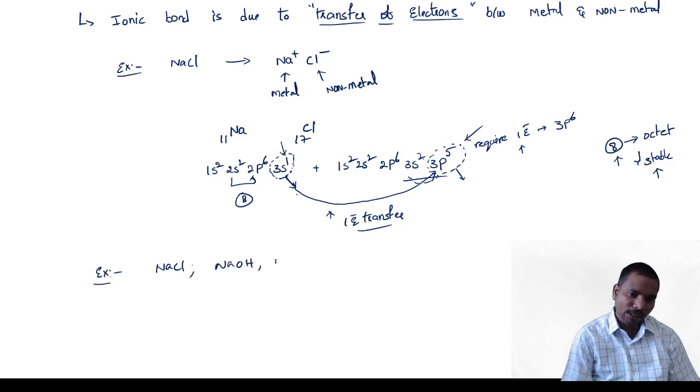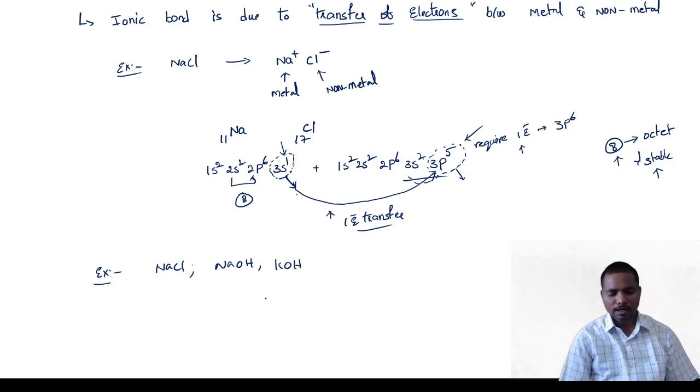Example, you can take any example: NaCl, NaOH, KOH, the bond between metal and non-metal. Not only with sodium and potassium, you can go with any other.